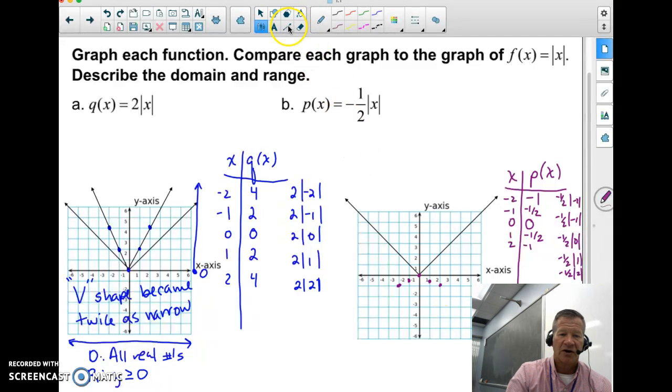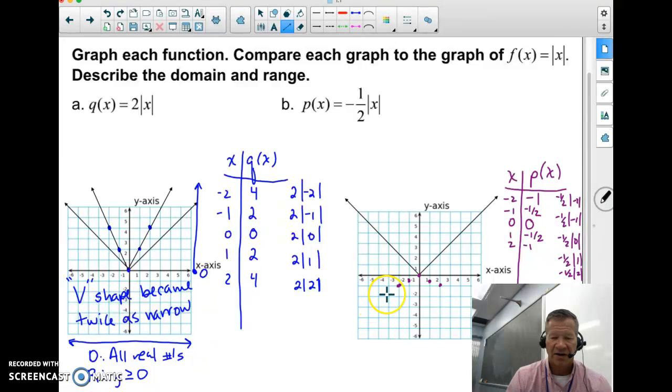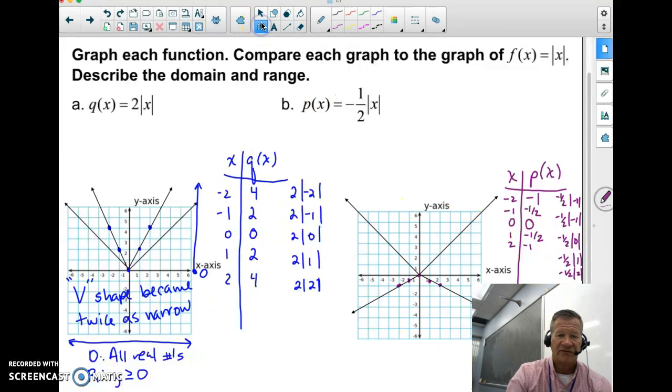So if I draw this, look at what happened to this graph. A couple of things are going to happen. For one thing, let me just finish drawing it. I have to concentrate, otherwise I really mess up. For one thing, the V flipped over. Okay, so the V flipped over.